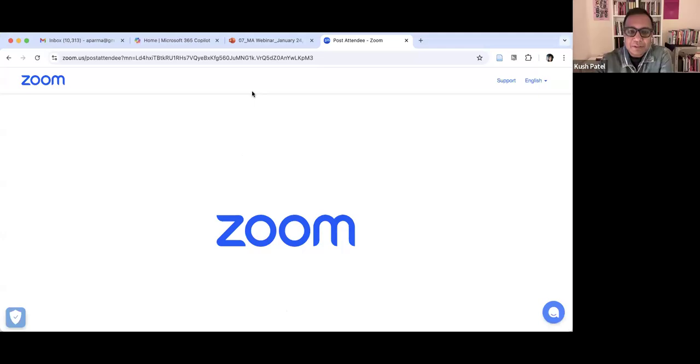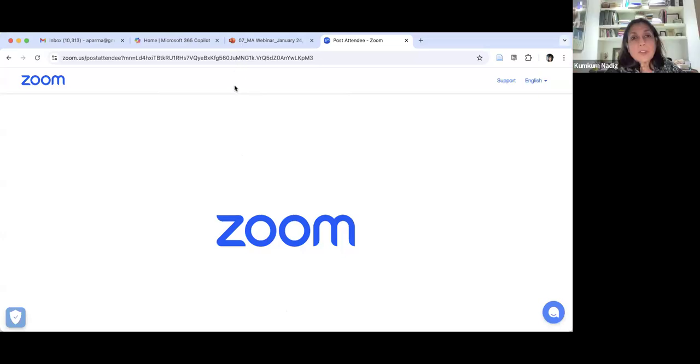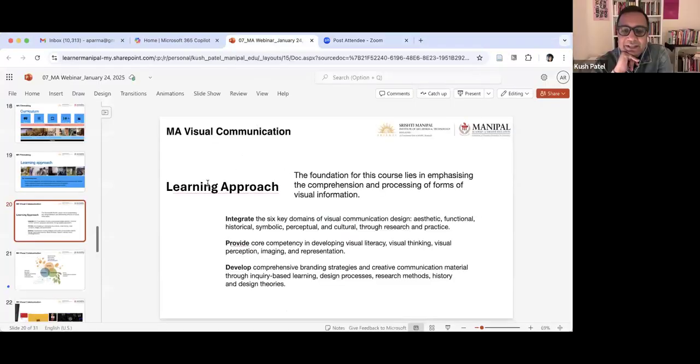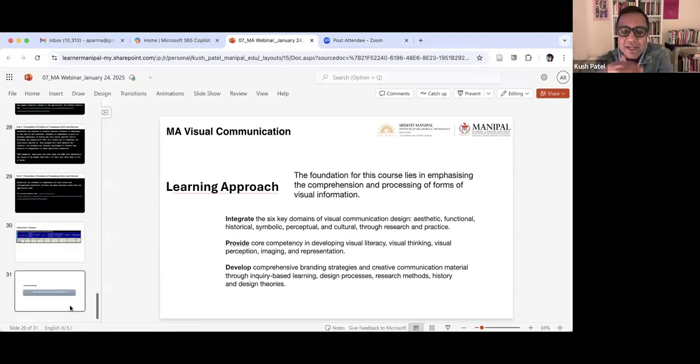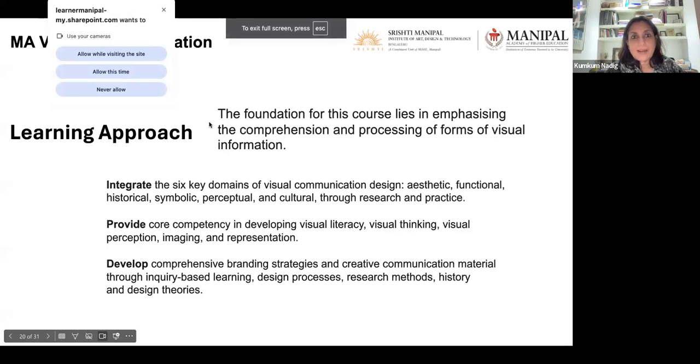Yeah, now if you go to the tab on MA webinar, not the Zoom one, but the one next, right at the top. It says 07 MA webinar. And at the bottom, right next to the percentage scale, presentation mode.